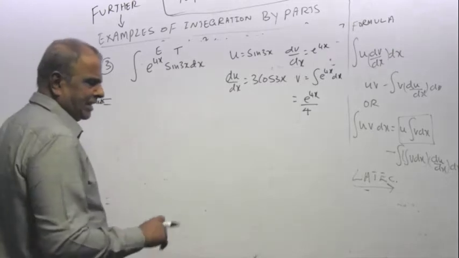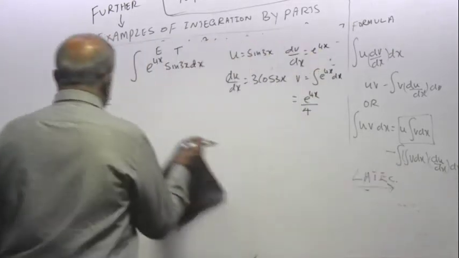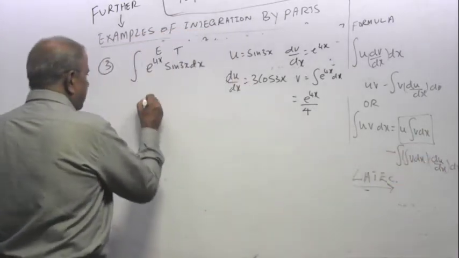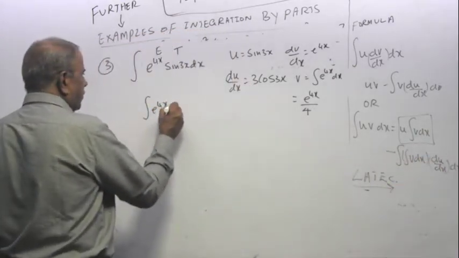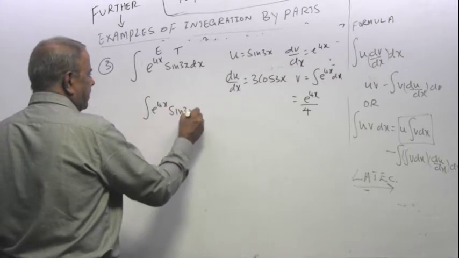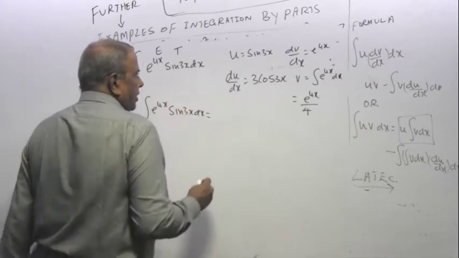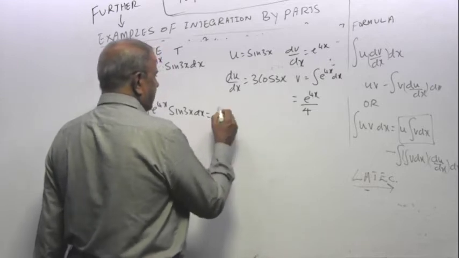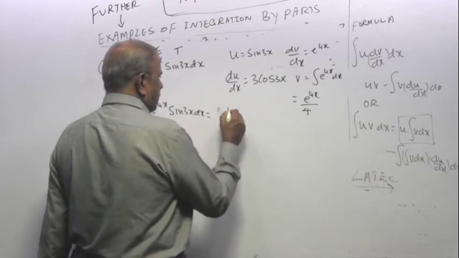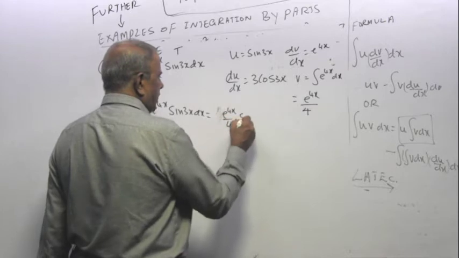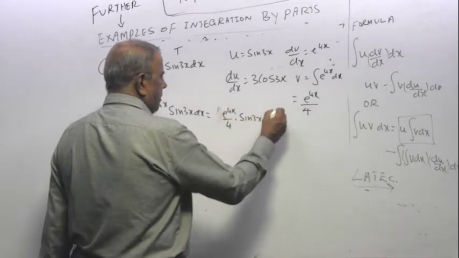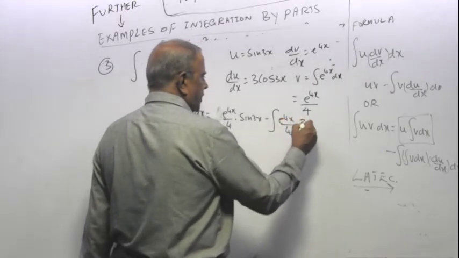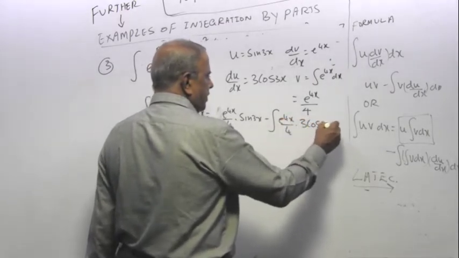Should I write that? I think this portion of the board gets camouflaged, so I'll write here. So integral e power 4x sine 3x dx equal to, u is sine 3x, so e power 4x over 4 times sine 3x minus integral e power 4x over 4 times 3 cos 3x dx.